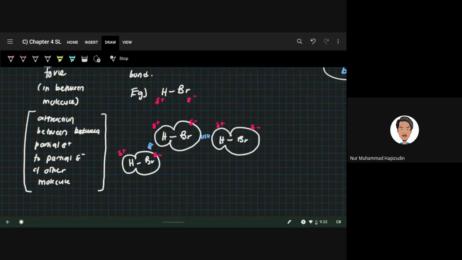Nampak ni molekul A, molekul B, molekul C. In molecule A, partial negative attracted to the partial positive from molecule B. Nampak?